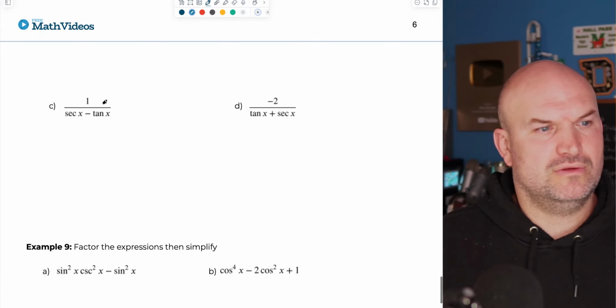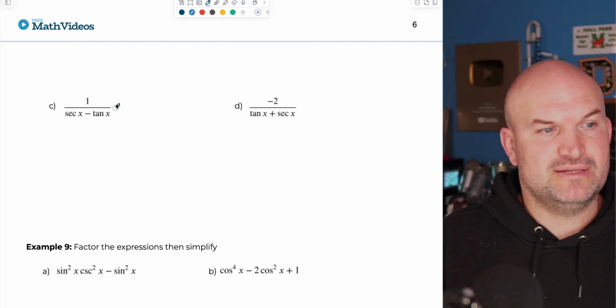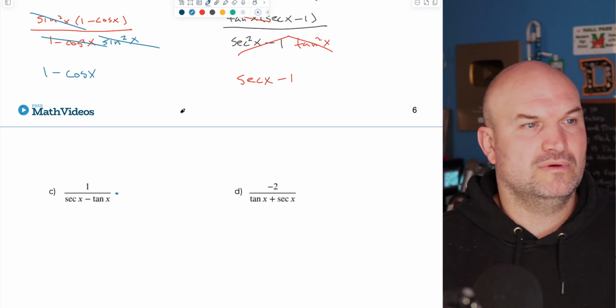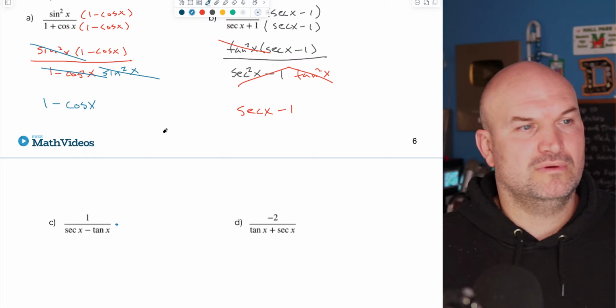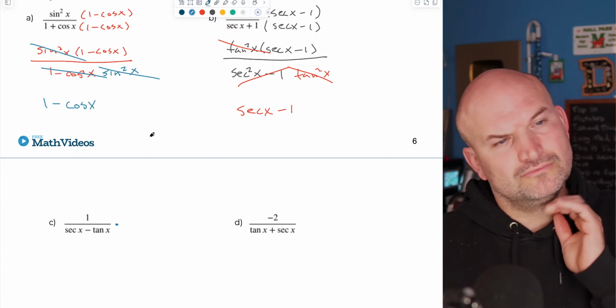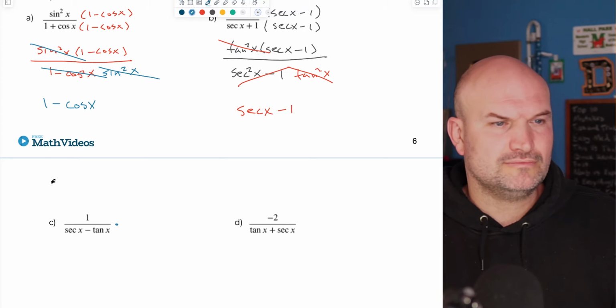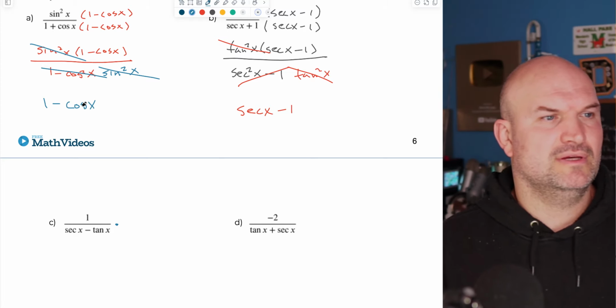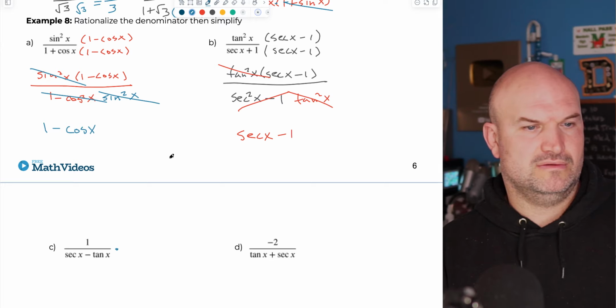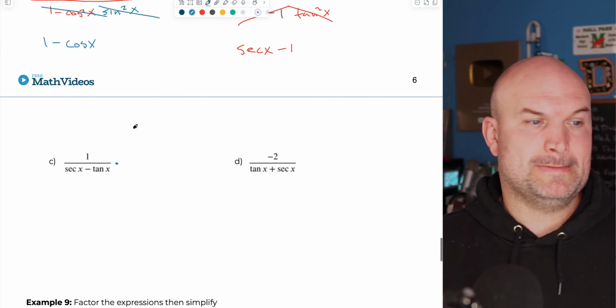So multiply by the conjugate would be simply multiplying by... I wonder what I was trying to do with this one. Doing a lot of sines and cosines. Okay, what's this?